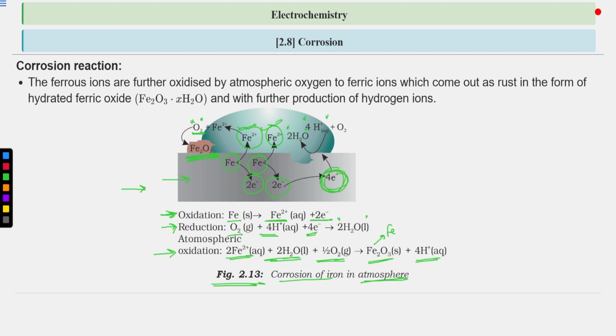These two electrons in the pair become 4 electrons, which are used by the oxygen reaction with the hydrogen ions, forming two molecules of water. So this is the overall reaction for the rusting of iron, or the corrosion of iron in the atmosphere.